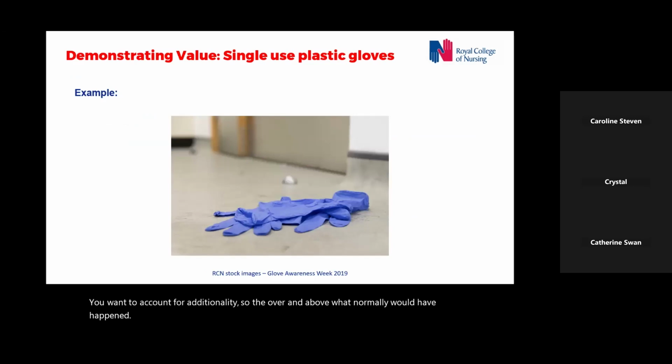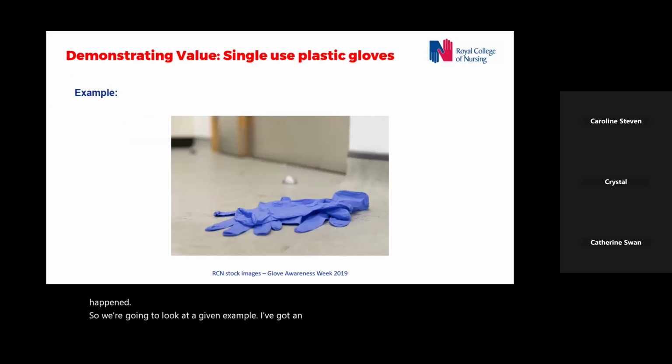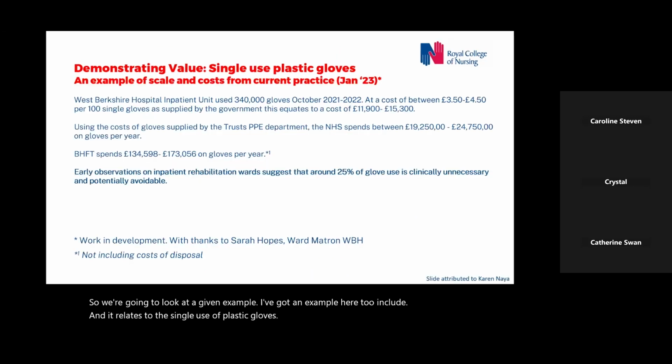So we're going to look at an example. I've got an example here to include, and it relates to the single use of plastic gloves. As you can see here on the slide, this is giving an example of the scale and costs from current practice, a January 23 example.